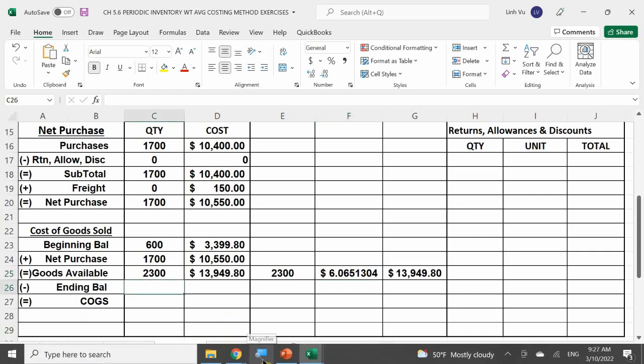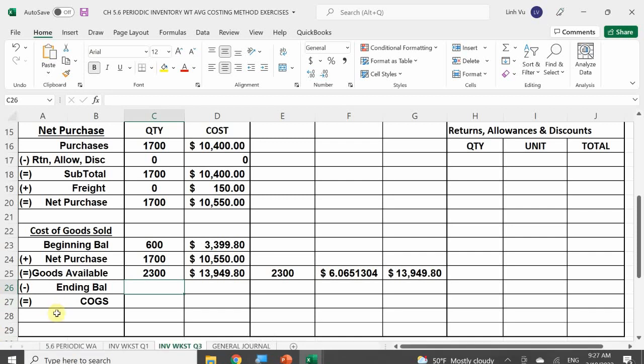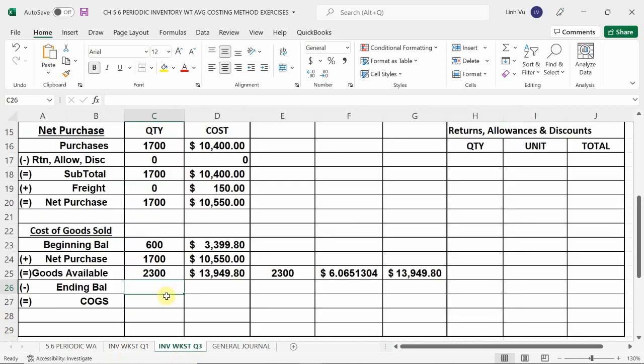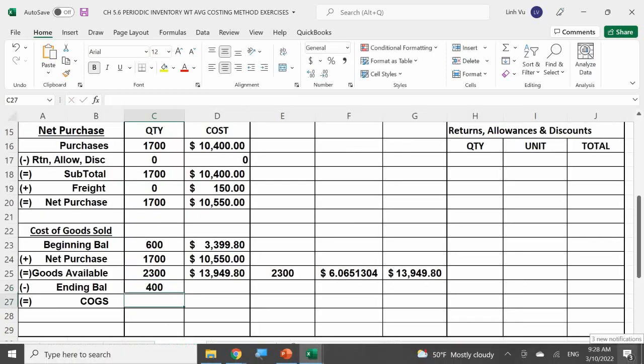So my ending balance told me that on May 31st, you have a total of 400 units. So in this case, how many units did I sell? 1,900.